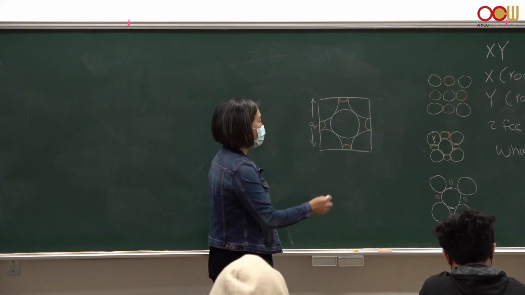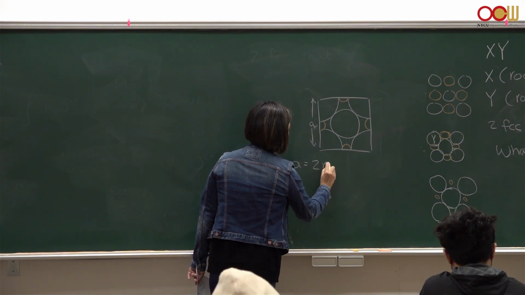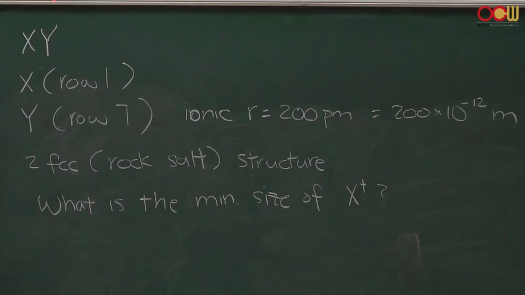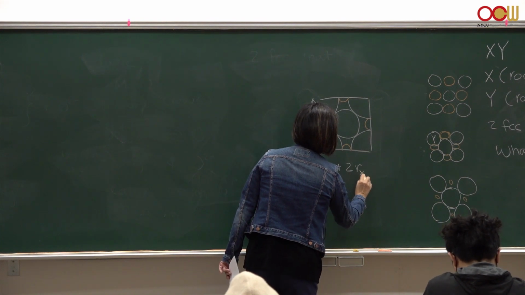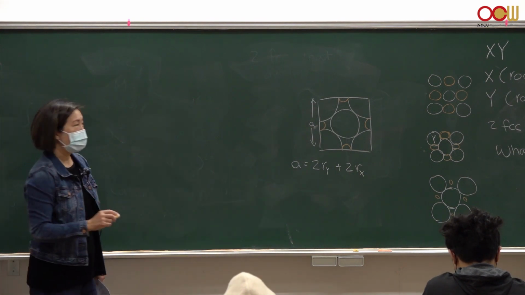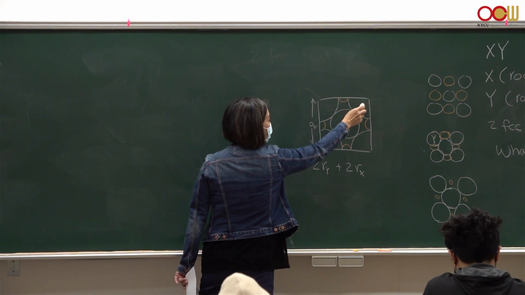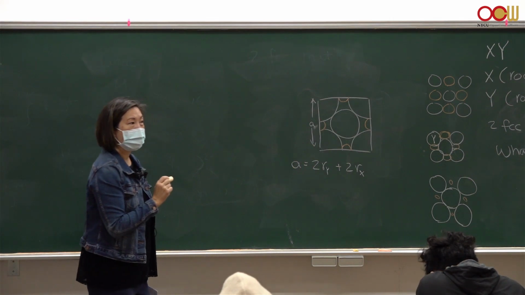So basically, A is equal to 2RY, which I have, 200 picometers plus 2RX. And I could solve my A by knowing this distance, because this is 1, 2, 3, 4 RY.